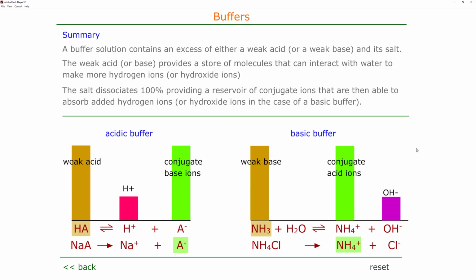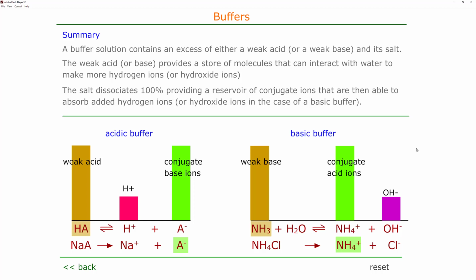Alright, so this is our summary of buffers. A buffer solution contains an excess of either a weak acid or weak base and its salt. The weak acid or base provides a store of molecules that can interact with water and ions that can interact with any components added. The salt dissociates 100%, providing a reservoir of conjugate ions that are then able to absorb added hydrogen ions, or hydroxide ions in the case of a basic buffer.